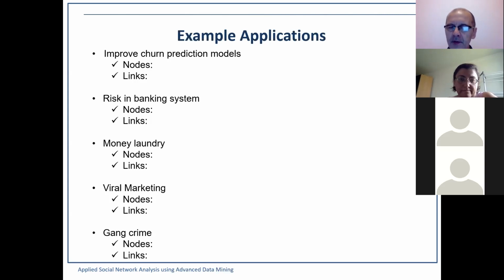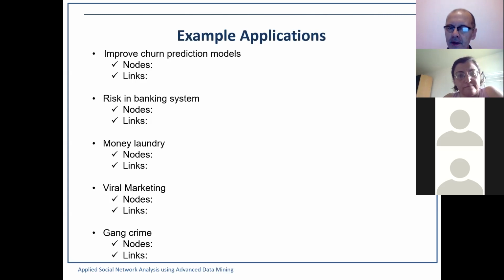Nodes are customers, links represent phone calls. That's the way I establish my social network. With this kind of social network, I can improve churn prediction models, which traditionally use personal data and no interaction among two customers.